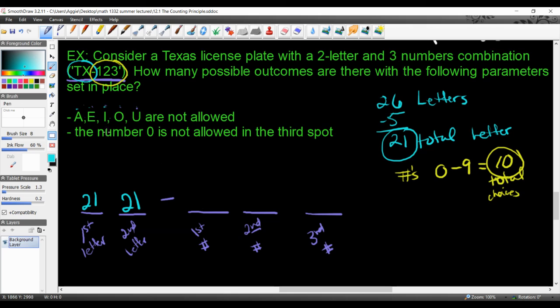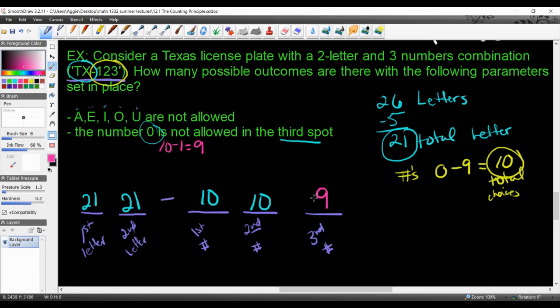For the numbers, the number 0 is not allowed in the third spot. So for the first spot, we still have 10 options. Again, there's nothing about not being able to repeat the numbers, so for the second spot, we still have 10 options. For the third spot, we're not allowed to use 0, so I'm going to have to subtract 10 minus 1, because 0 is that one number, which would be 9.